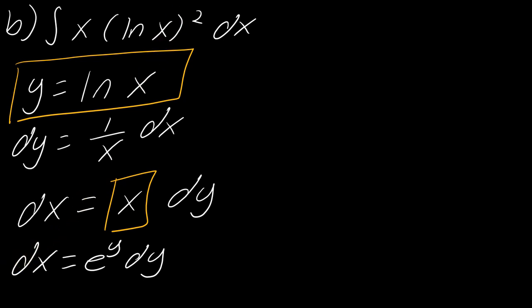Now, the other thing is that this also allows me to figure out what to do with this x here, right? We just had that property, e to the y equals x. So that works both for dealing with this problem and right here. So let's rewrite this now. My x becomes e to the y. And then I've got my natural log squared, so that's going to become u squared.